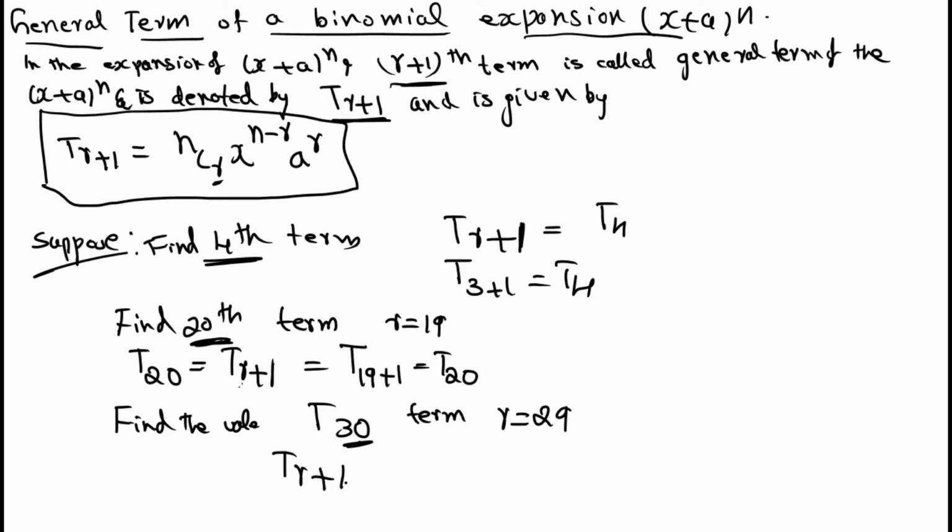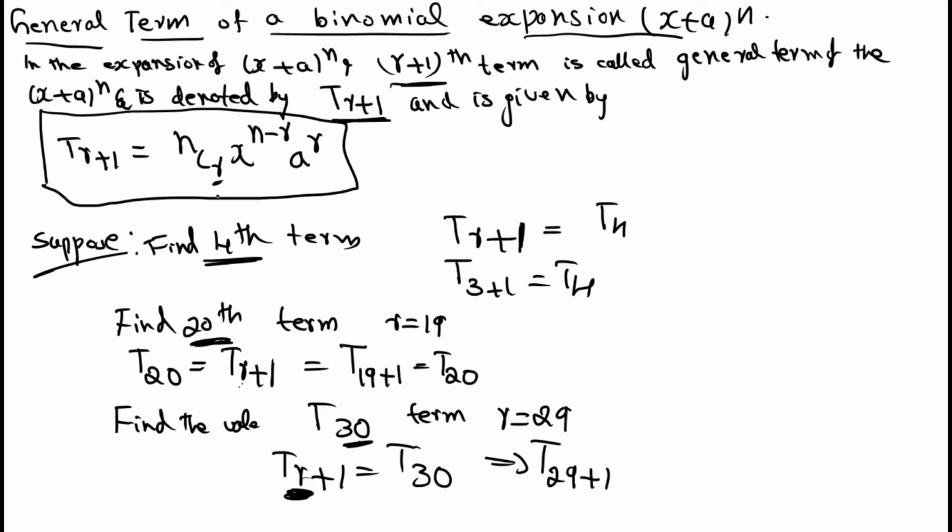T(r+1), and you need to get T30, so in place of r you substitute 29, because r+1 is there: T(29+1). Therefore, remember, if the question is to find the nth term, then the r value is n−1. The r value is always 1 less than the required value.